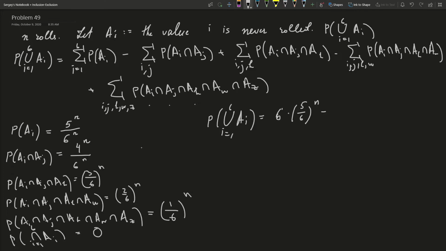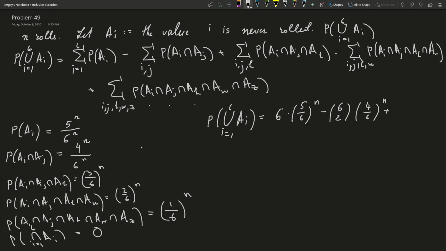And how many pairwise intersections are there? How many ways are there to select an i and a j out of 6 possible values? 6 choose 2. So we say 6 choose 2 times 4 over 6 to the n.